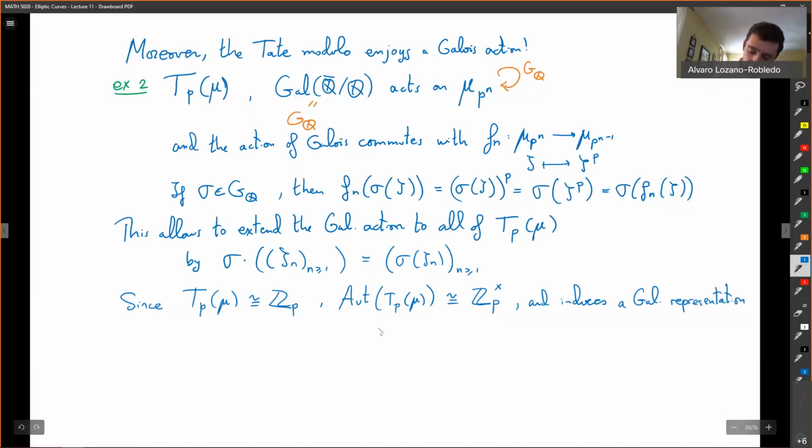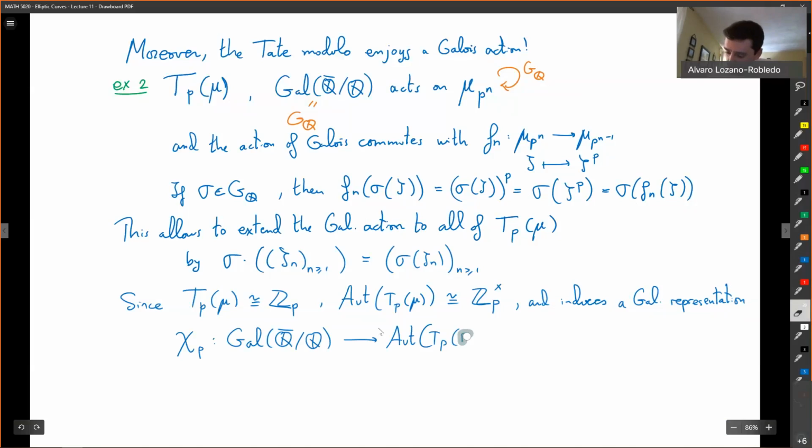So it is a homomorphism, I'm going to call it chi P, from the absolute Galois group to automorphisms of TP, of the Tate module of Q, which once I choose a ZP basis of my Tate module, is going to be isomorphic to ZP cross. Okay.